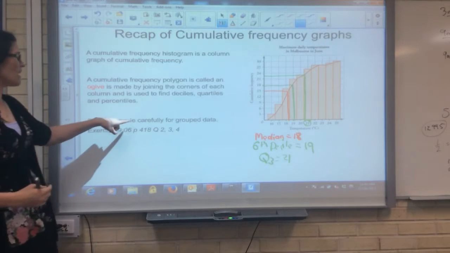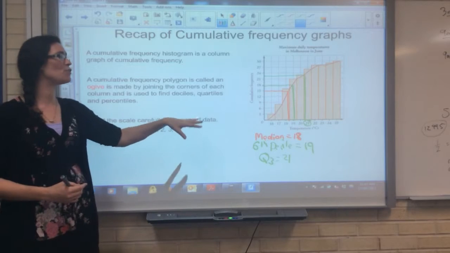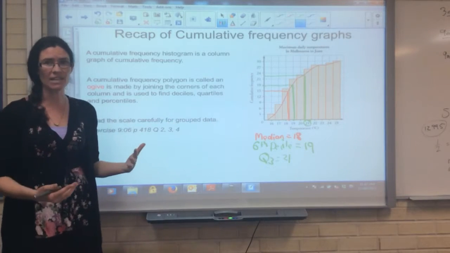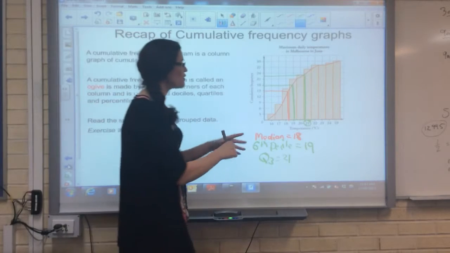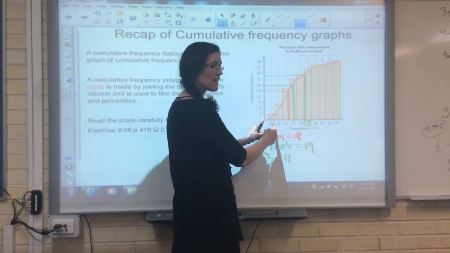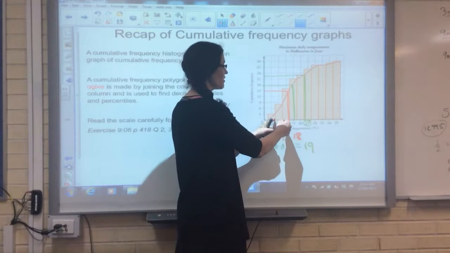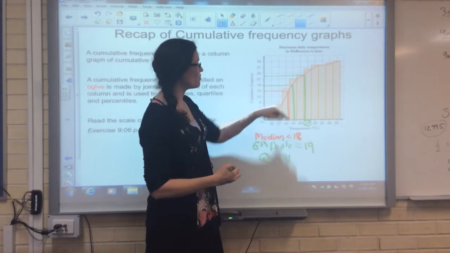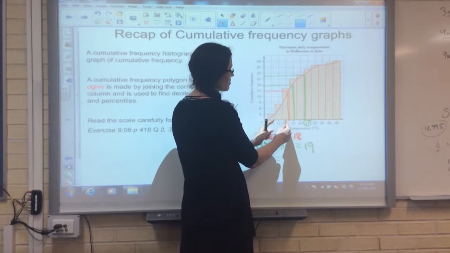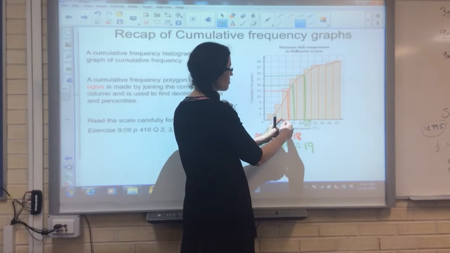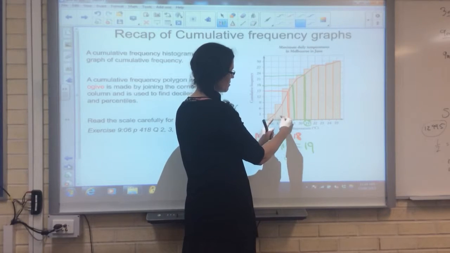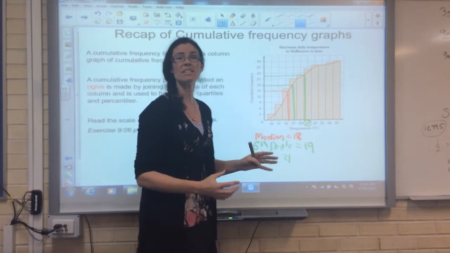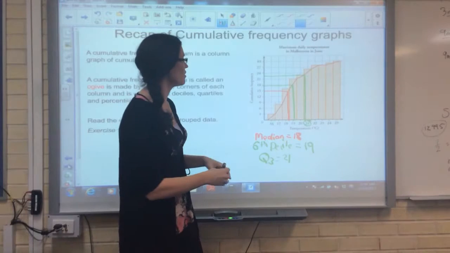Now I've put this note here, read the scale carefully for group data. Now my example just had a single number, it was really easy to read off. But if I had group data, each of these might represent 10. So it might be 10 to 20, 20 to 30, 30 to 40, etc. So you need to look where in the column you came down. So if I was coming towards the end of the column, say that was 20 to 30, then I would say, oh, that might be 28 because I was towards the end of that column.